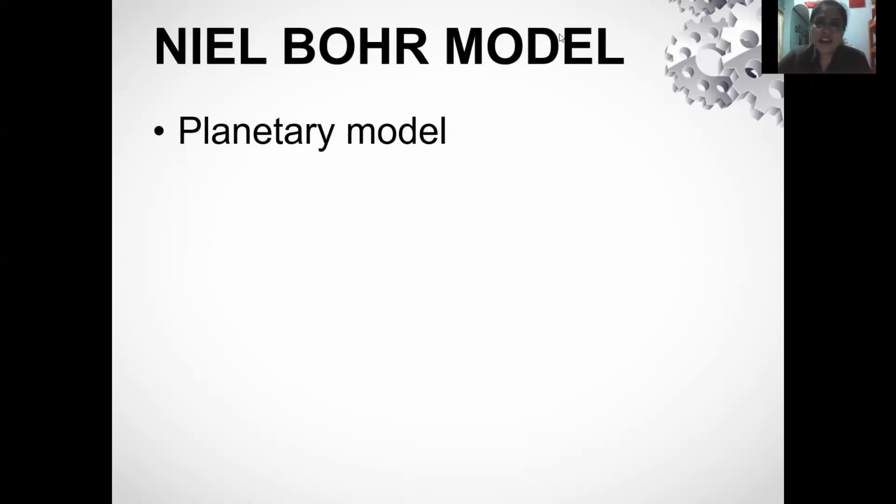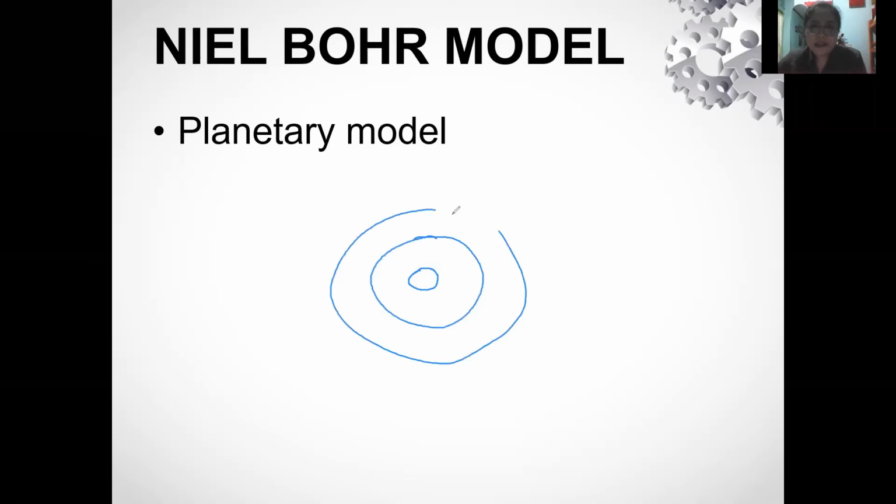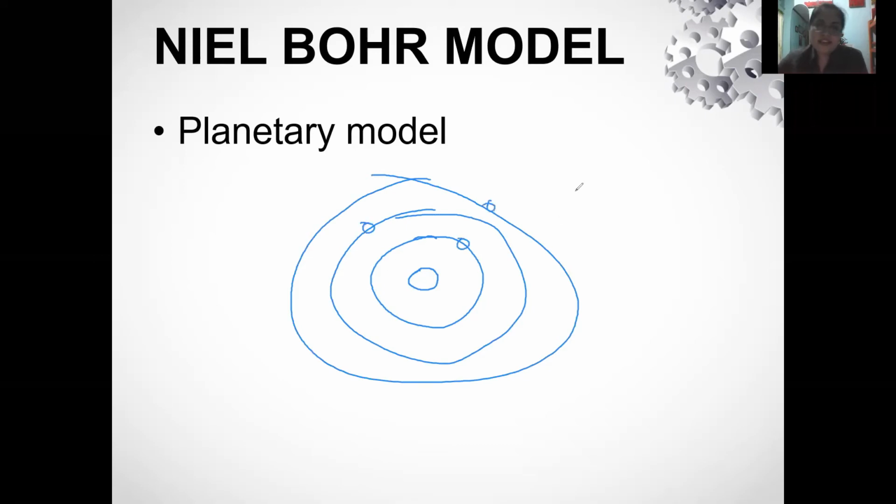So sa planetary model naman, according to Neil Bohr, meron kang sun sa gitna, and then merong mga planets na nakapalibot. So ganyan daw ang structure ng ating atom. Again, he called it planetary model.